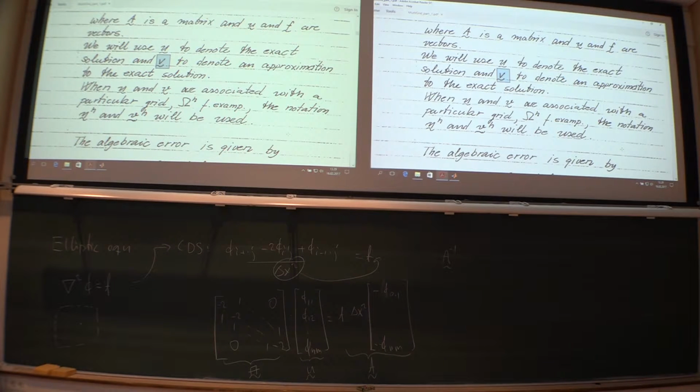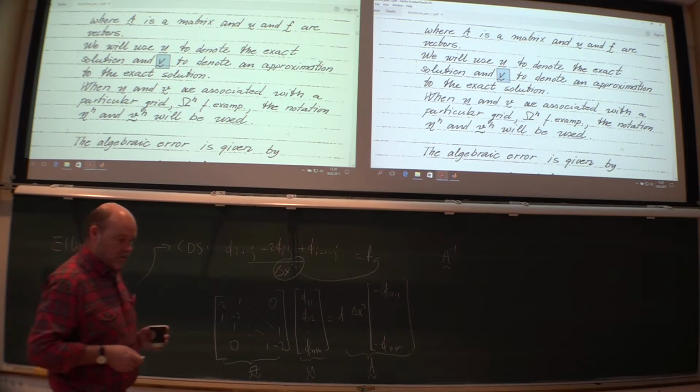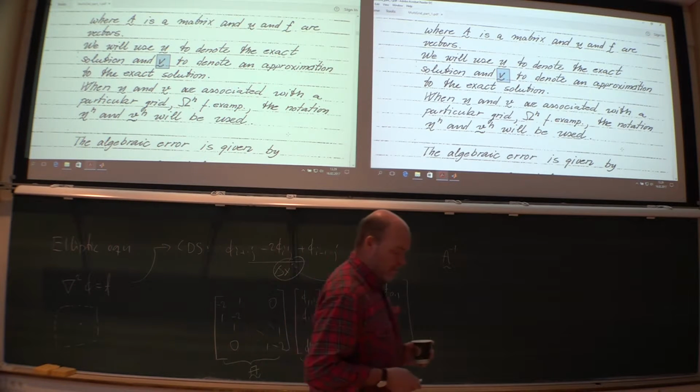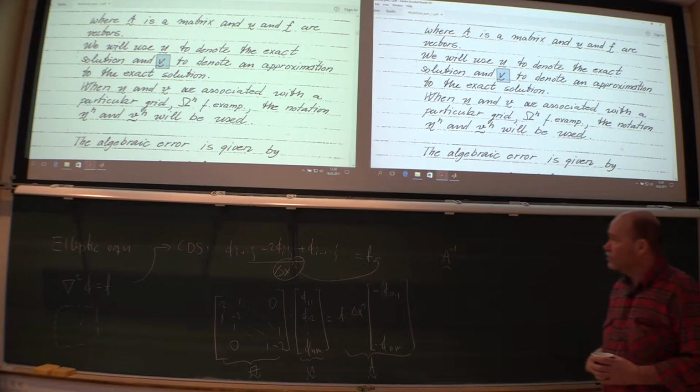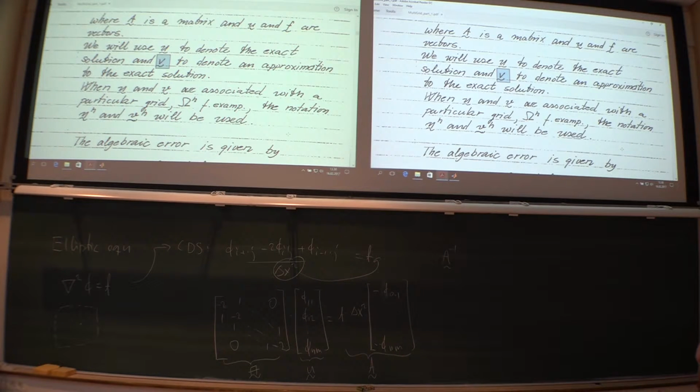Here, as also a notation, we are going to deal with different meshes, different grid systems, fine mesh, coarser mesh. We use a big omega to indicate what mesh we are on. The finest mesh, we write omega with a superscript h. So this is the finest mesh. For the coarser mesh, you will write omega 2h.